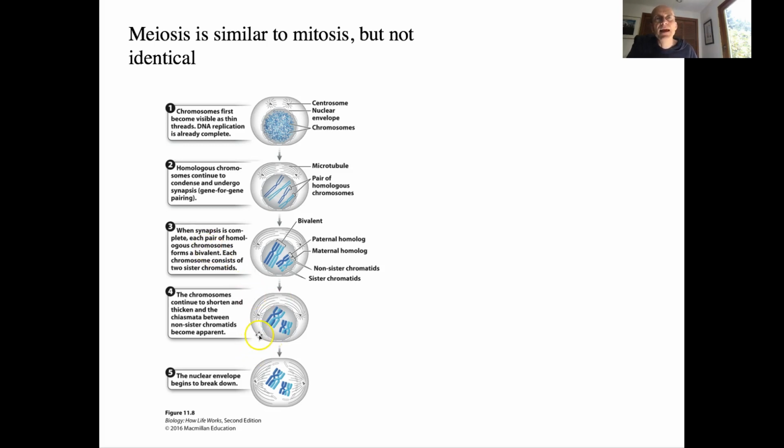And when that happens, they can start to exchange chromosome arms. So they form these chiasmata. Chiasma just means an X, essentially, like a cross. That's what is also referred to as crossover. And at that point, they can exchange DNA material. And at the very end of prophase 1, we have the dissolution of the nuclear envelope.